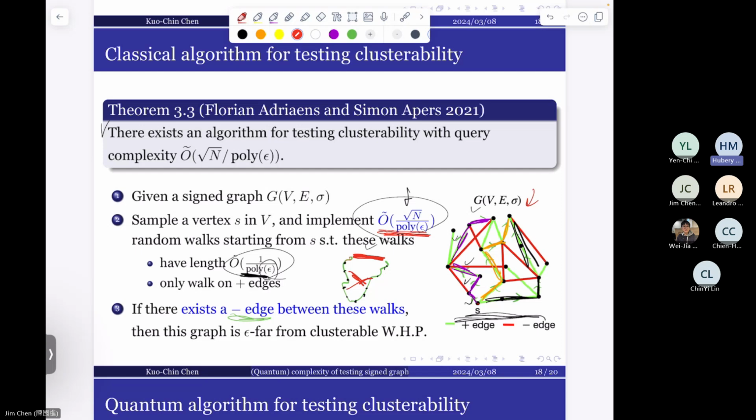There are many different walks, of the order of square root of n, and you need to check at every step whether every vertex along the walk is connected to the other walks. So it's still complicated, right?